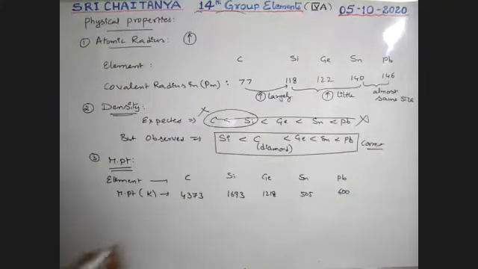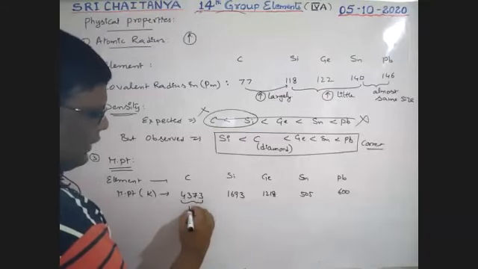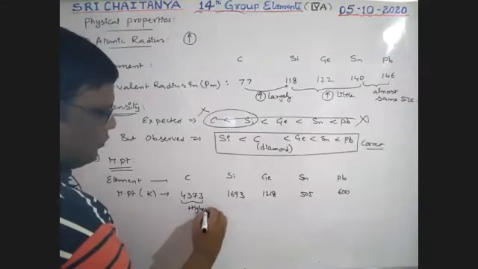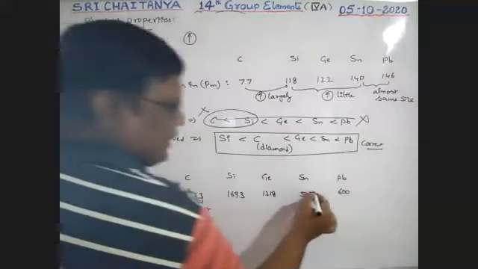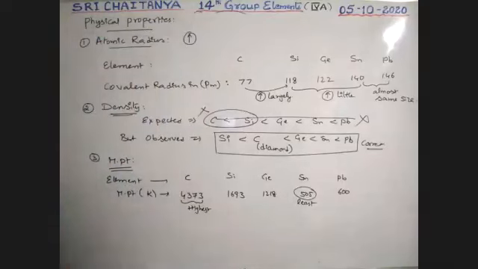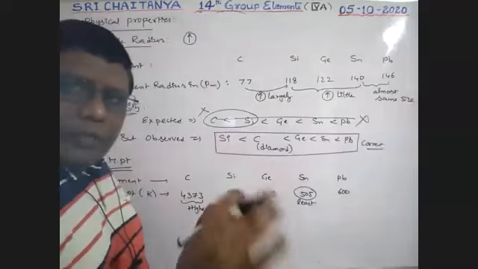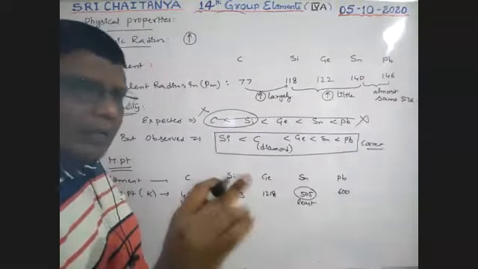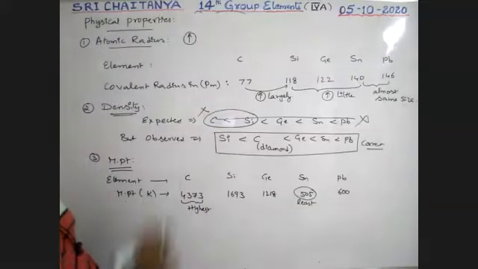See here, carbon has the highest melting point. Tin has the least melting point because of crystal structure and bond energy.